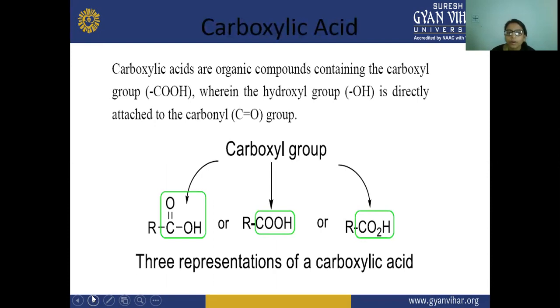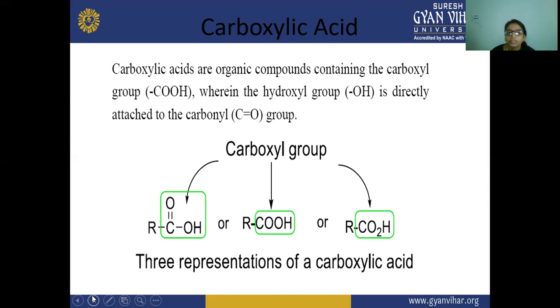Carboxylic acid. So carboxylic acids are organic compounds that contain the carboxylic group, that is your COOH, wherein the hydroxyl group OH is directly attached to the carbonyl CO group. In the aldehyde and ketone, we have already studied that the CO is the carbonyl part, and in this carboxylic acid, the CO group is attached to the hydroxyl group, and then the full combination becomes a carboxylic acid.